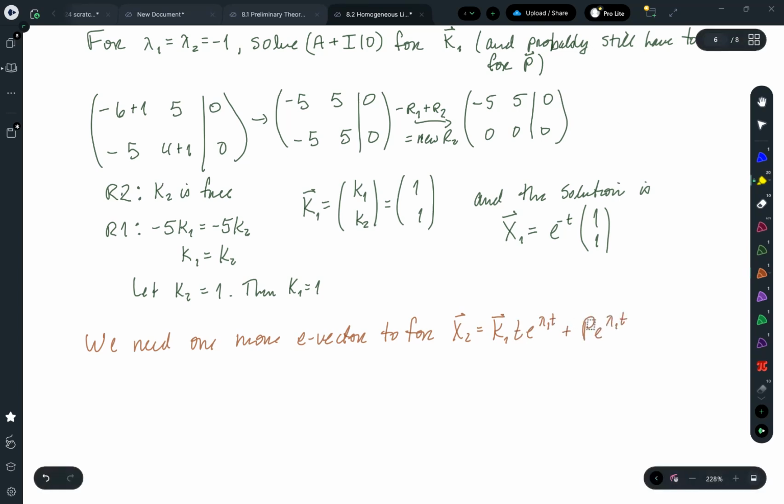And so we are after p. We need one more eigenvector to form.